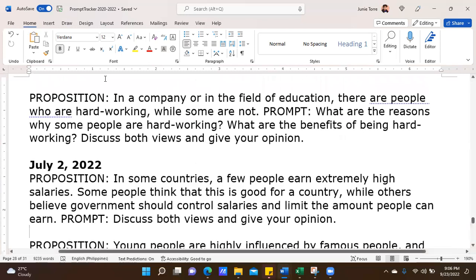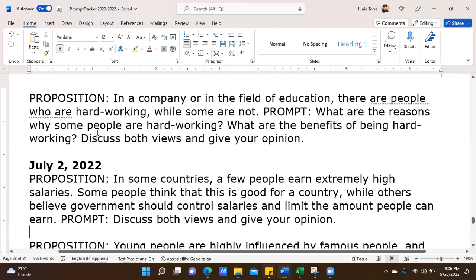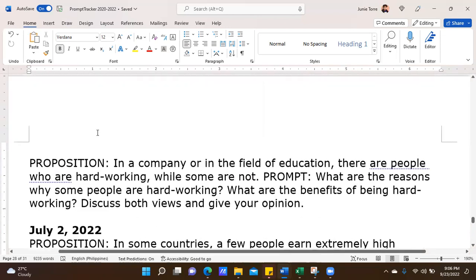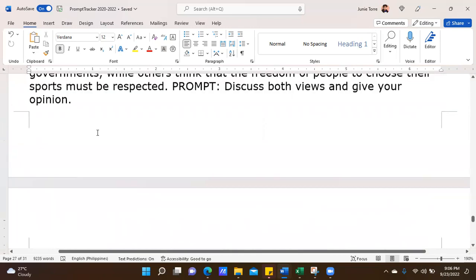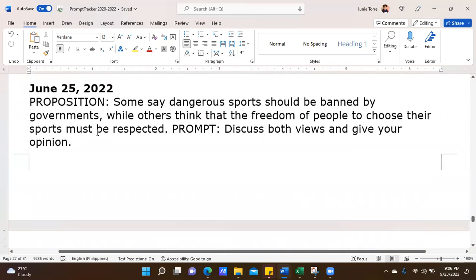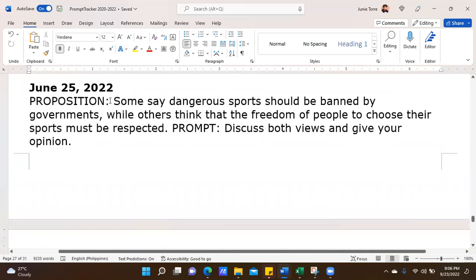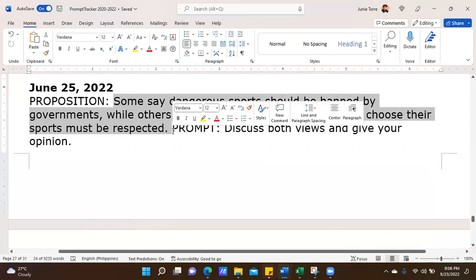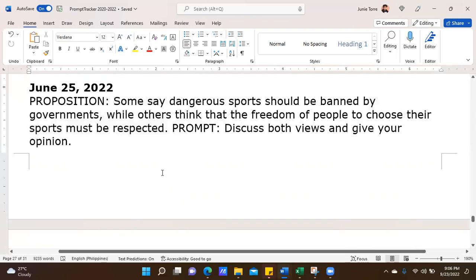In the company or in the field of education, there are people who are hardworking while some are not. What are the reasons why some people are hardworking? What are the benefits of being hardworking? Very cognitive rev. Tapos na guys. Some say dangerous sports should be banned by governments while others think that the freedom of people to choose their sports must be respected. Very cognitive rev.